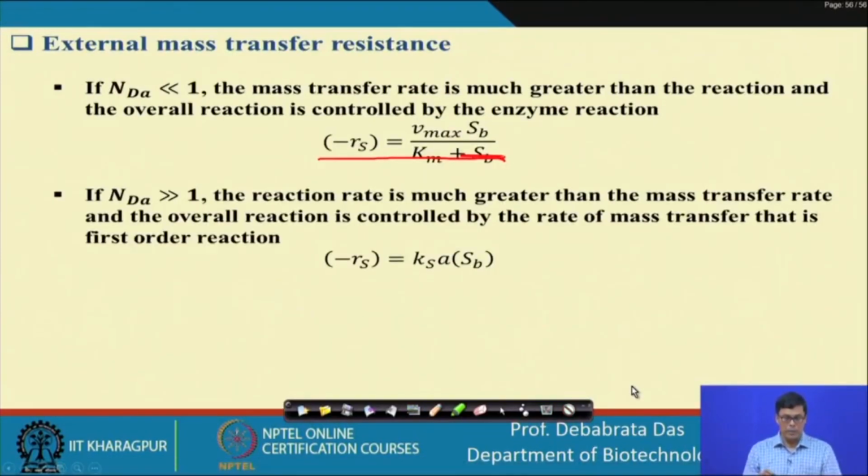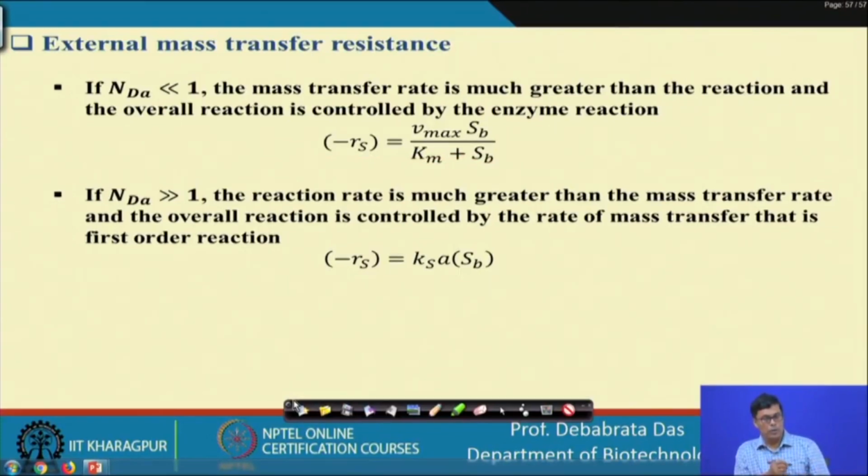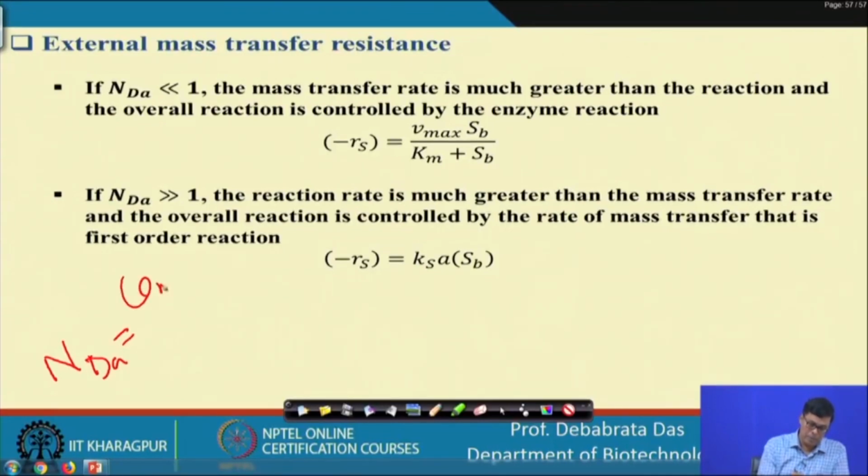Now the interesting feature is how you can find out whether it is diffusion control or mass transfer control. The Damkohler number is equal to the maximum velocity of reaction divided by the maximum mass transfer. If it is less than 1, the reaction rate is very small and mass transfer is very high.